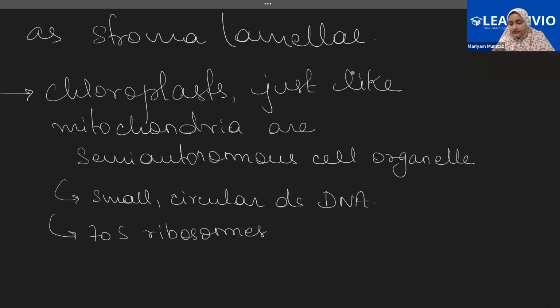Now the next chapters apart from this, which chapters are coming? Photosynthesis, biomolecules, cell division, and plant physiology: three chapters, photosynthesis, respiration, plant growth and development. Have they taught you the chapter biomolecules?